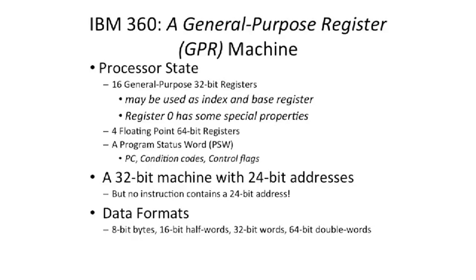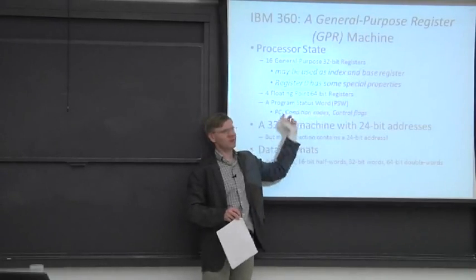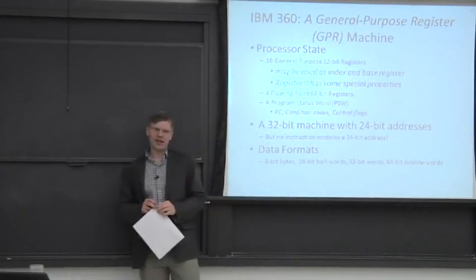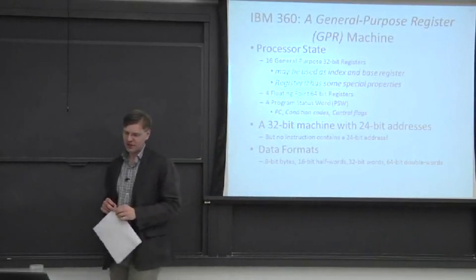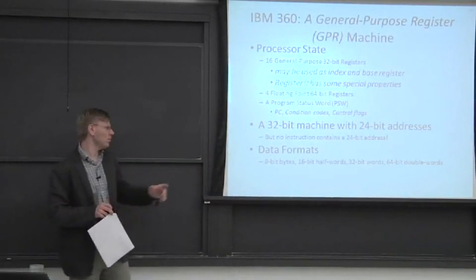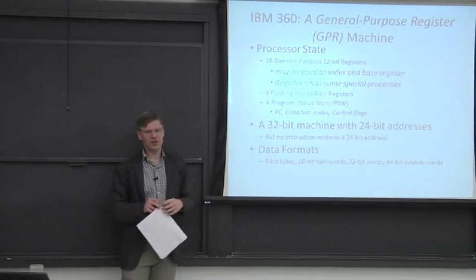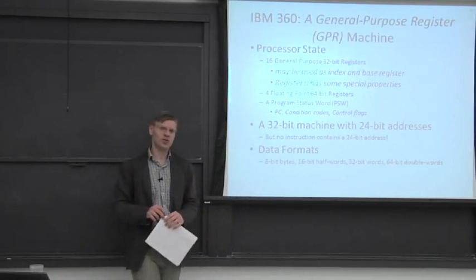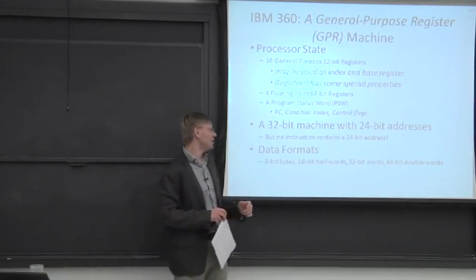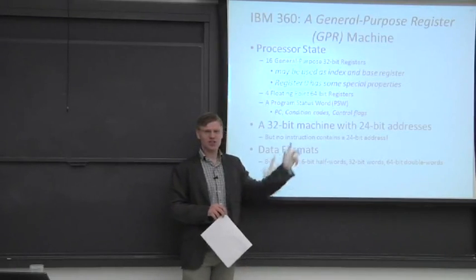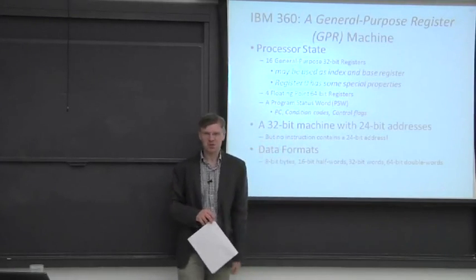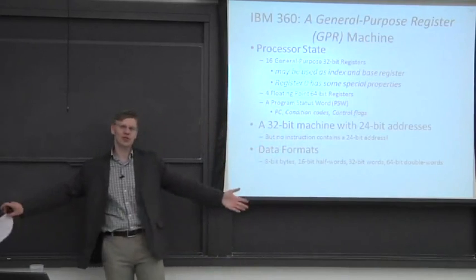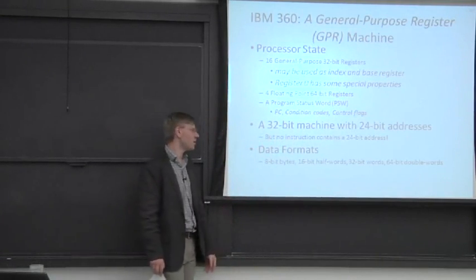It had condition codes and control flags. And it was a 24-bit address machine. At the time, that was huge. So 2 to the 24 was a very large number. Nowadays, it's not so large, and they've since expanded that on the IBM 360 successors. But they thought it was good for many, many years, and it was good for many, many years.